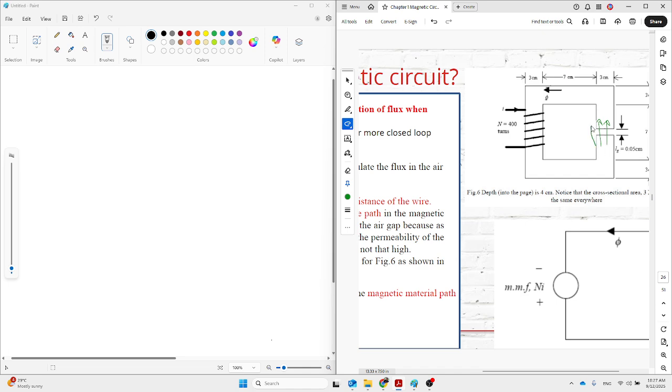So there is no flux at the side. We call it the fringing effect. In real applications, we have this, but here in this unit, we ignore all of the wasted flux, okay?